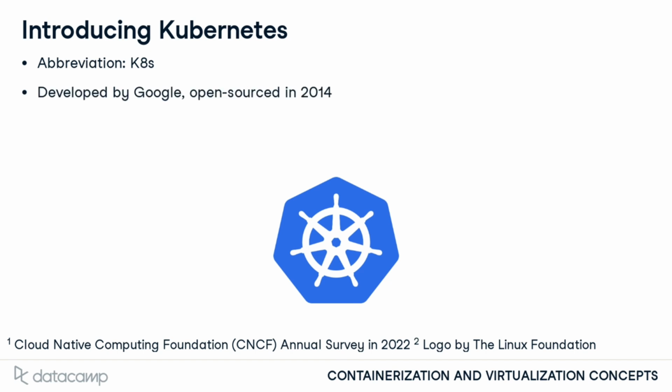Originally developed by Google and later open-sourced in 2014, it is now maintained by the Cloud Native Computing Foundation. According to the foundation, most organizations nowadays use or evaluate using Kubernetes.